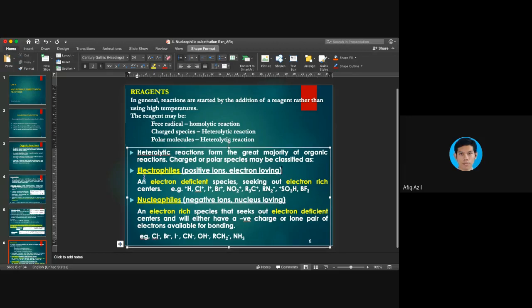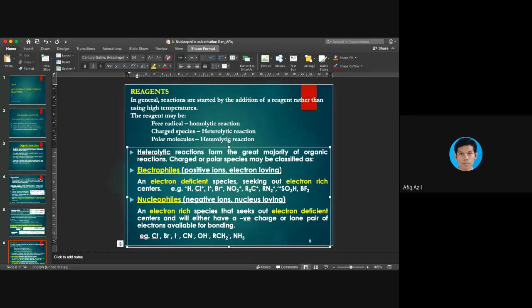So heterolytic reactions form the great majority of organic reactions, which involve charged or polar species. They can be classified as either of these two: electrophiles and nucleophiles. So electrophiles, most of the time they are positive ions and also electron loving, but not all the time that it is positive.